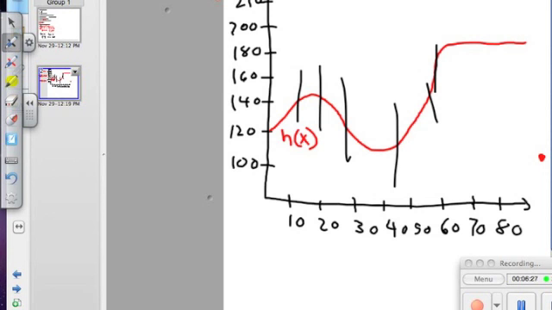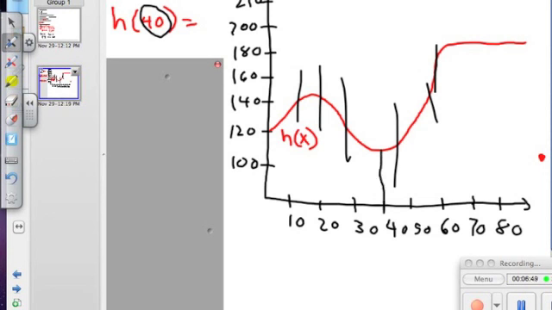Now let's answer a few questions with this. Okay, so I'm going to go in here and drag down my little screen. Let's find h of 40. So we have inputted 40 into our equation. So we're going to look at 40 here, and see what the corresponding value of the function is when x equals 40.